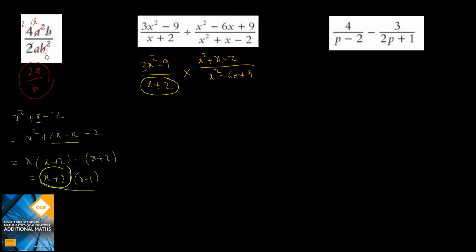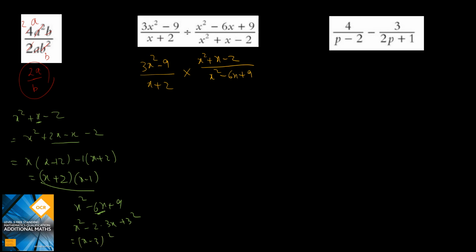But before doing the cancellation, I want to factorize the other term, which looks straightforward: x squared minus 6x plus 9. 6 you can write as 3 times 2, and 9 is 3 squared. So I can write this as x squared minus 2 times 3x plus 3 squared, which equals x minus 3 whole squared.